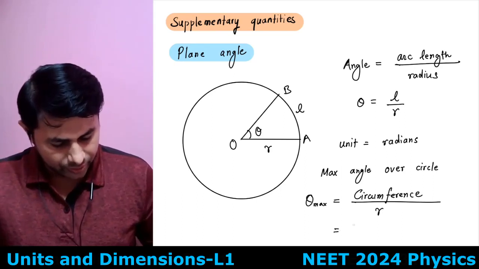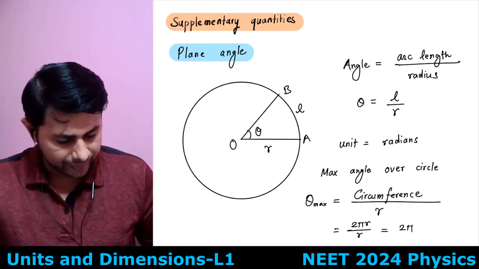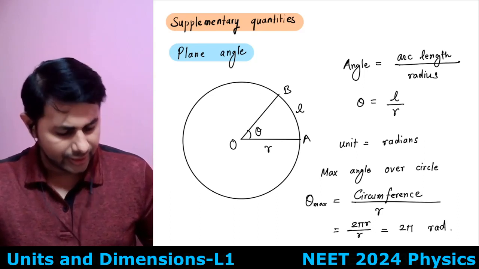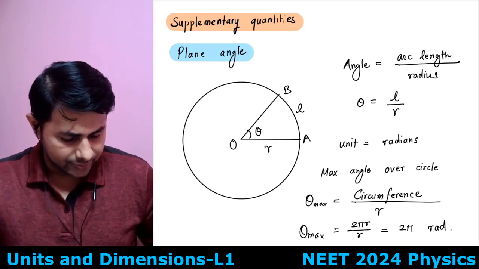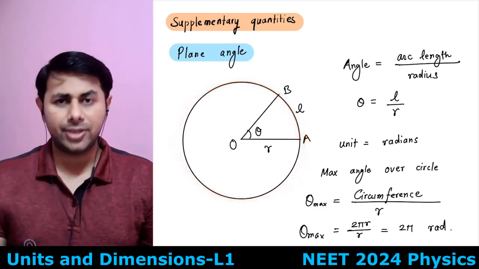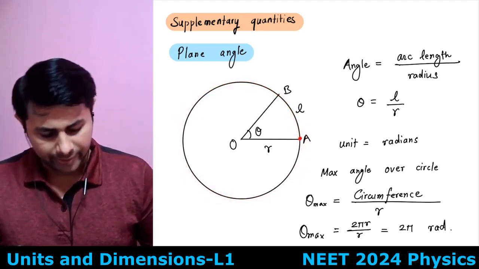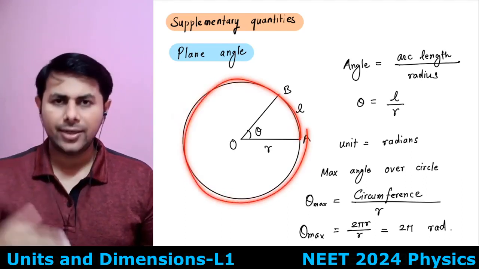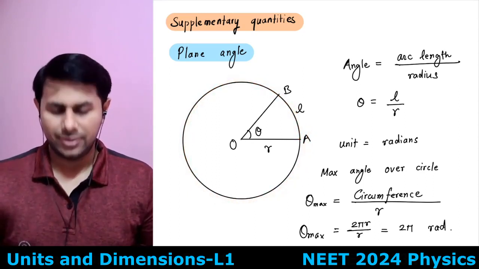So it is equal to 2 pi r divided by r, which is 2 pi radian. You can write rad in short. So this is the maximum angle that can be subtended at the center of the circle, and it is subtended by the arc length equal to the circumference of the circle.